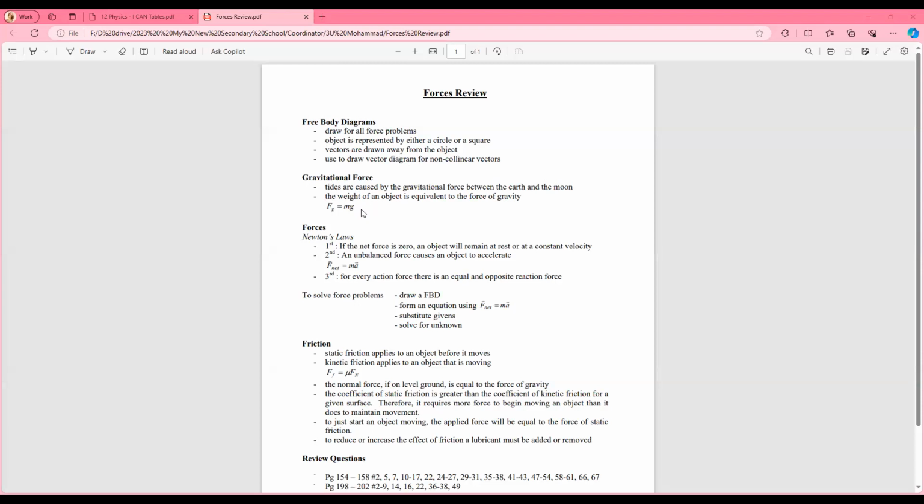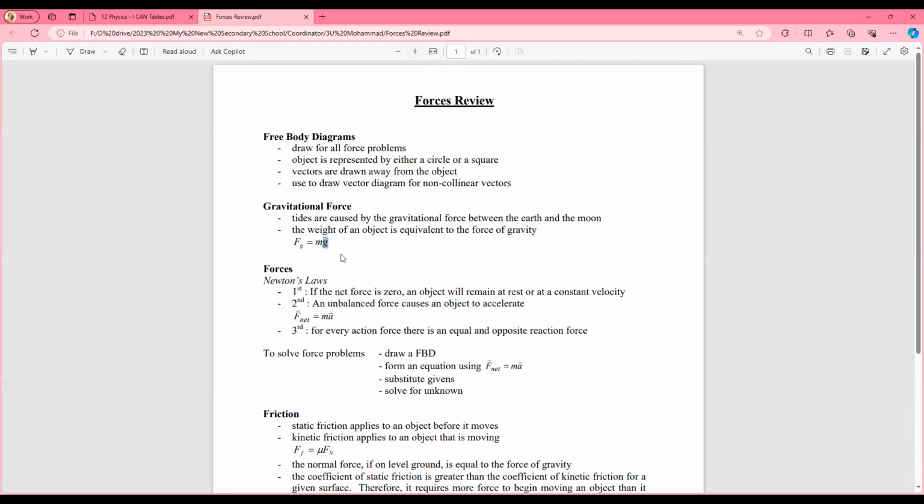To find force of gravity, you multiply mass by the acceleration of free fall. G is the acceleration of free fall, so it depends on the planet. If you go to another planet, G is bigger or smaller. For example, on the Moon, G is about 3 times smaller. On Earth it's 9.8, right? On the Moon it's approximately 2.6 to 3 meters per second squared.